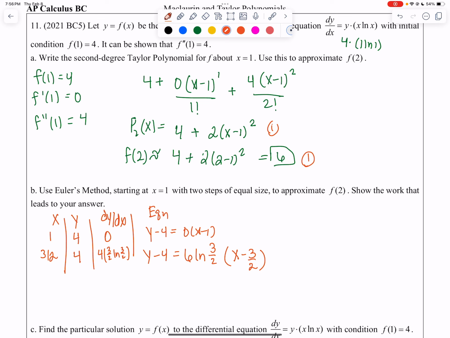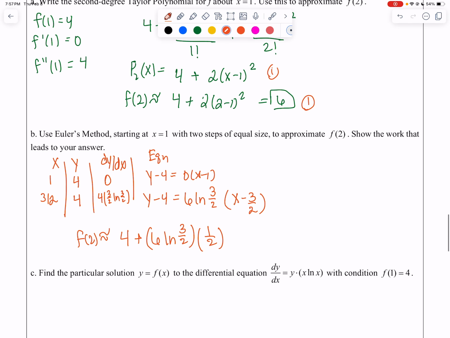All right, I'm going to approximate f of 2. So that's going to be 4 plus 6 ln 3/2 of 2 minus 3/2, which is 1/2. And that can also be rewritten as 3 ln of 3/2 plus 4 if I were to multiply the 6 and the 1/2.